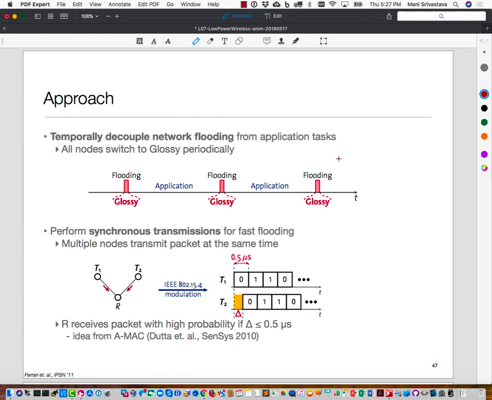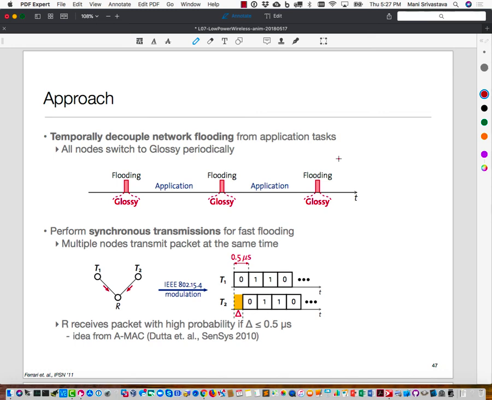So that's what this does. Multiple nodes transmit the same packet at the same time during flooding, and as long as the temporal separation between them is kept small enough, half a microsecond in this original paper, we are good to go.